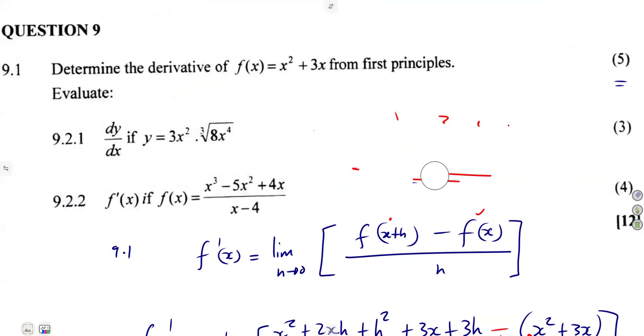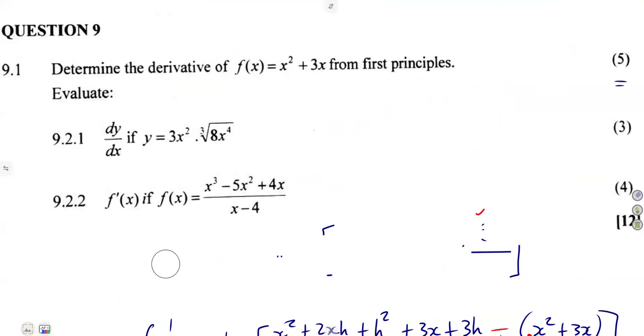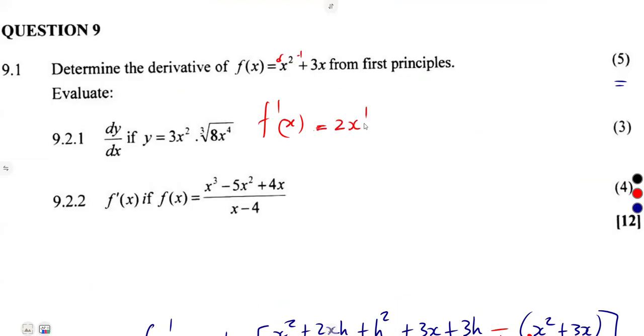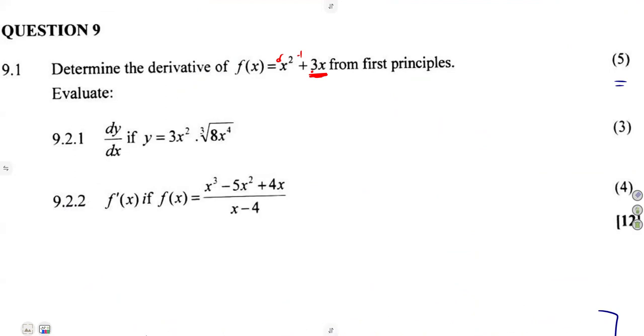From the general rule, we can differentiate this straightforward by dropping the power, then subtract 1. So it is going to be 2x to the exponent of 1 plus 3. x is linear, so you just take the coefficient of x, which is 3. So it is going to be 2x plus 3, exactly the answer that we obtained from first principles. So just use the general rule to prove your answer if it is correct.